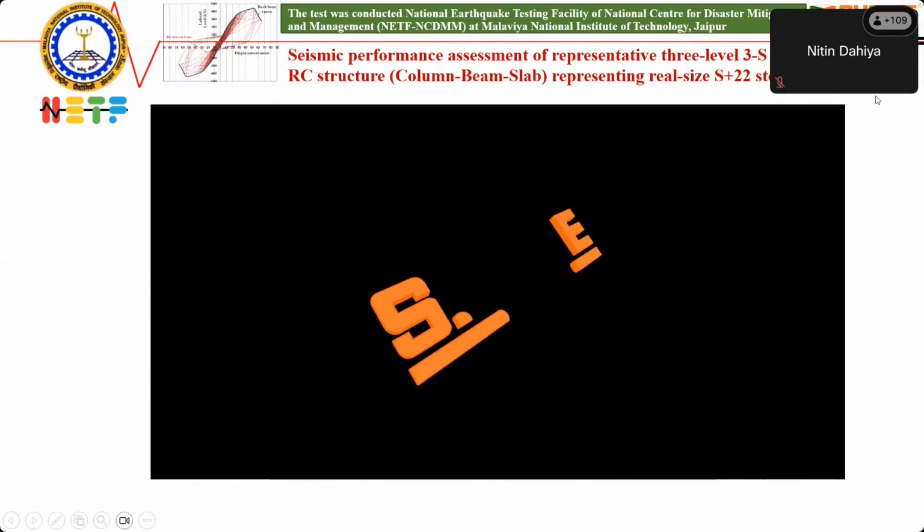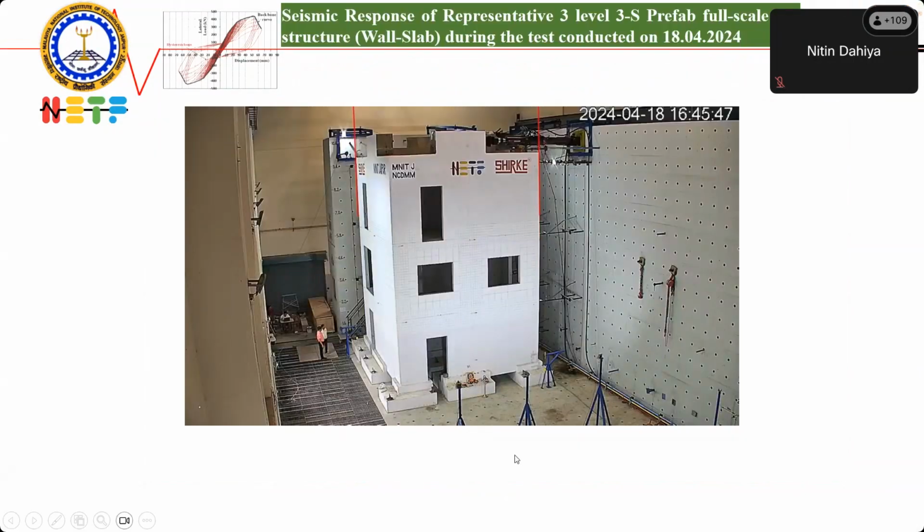Shirke Construction Technology. You must have seen the structure was literally deflecting. The displacement under this test was to the tune of 120 millimeters. It was a reinforced cement concrete column beam frame system, and no major visible cracks were seen.